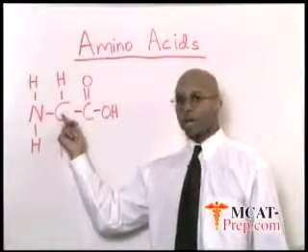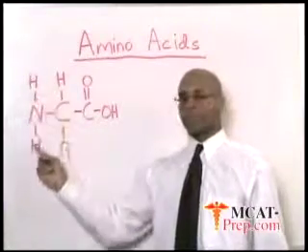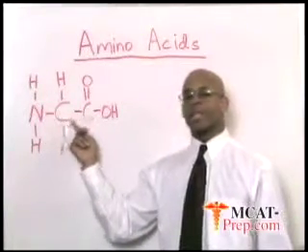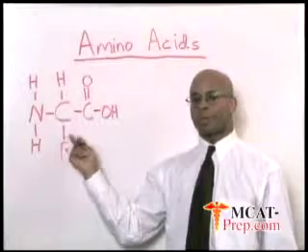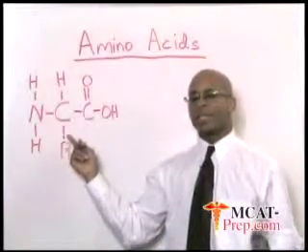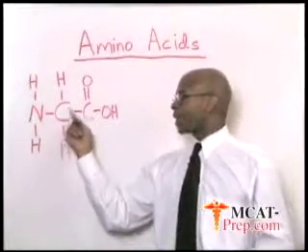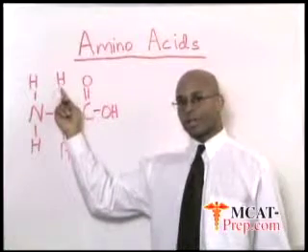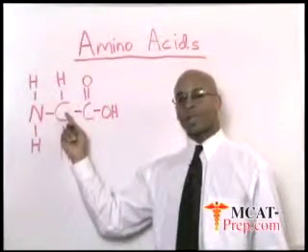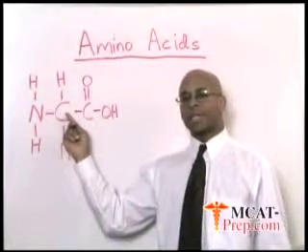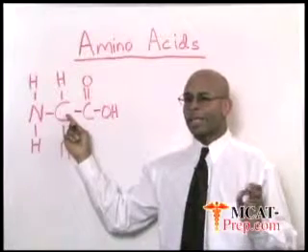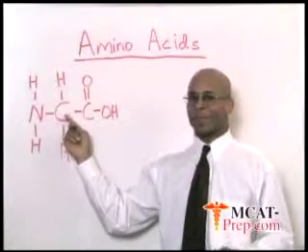So this is the alpha carbon. The amino group is attached to the alpha carbon, so these are called alpha amino acids. Just as an aside, the alpha hydrogen, meaning the hydrogen attached to an alpha carbon, is slightly acidic.